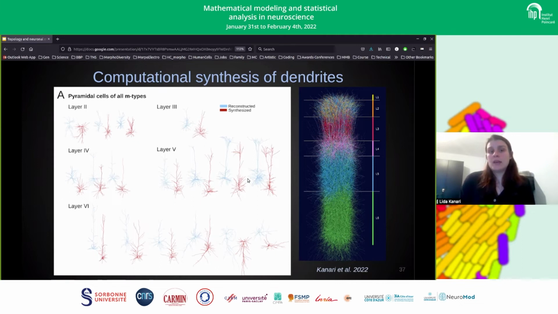And in red, you see the synthesized, so the computationally generated. So using this method, and depending on the branching properties of each cell type, we could generate very, very different shapes. The important point here is that we didn't need to fine-tune the algorithm based on the different shapes that we see.